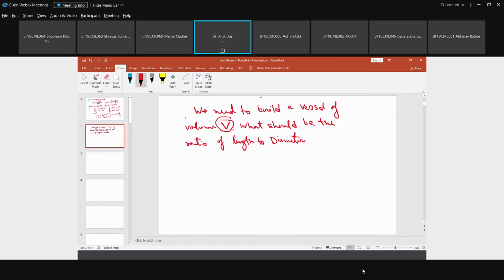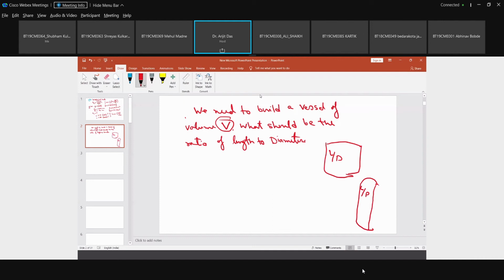Now, this may be like this, or this may be like this also. So for both the cases, the L by D ratio is different. Now, how to calculate the optimum L by D ratio? This optimum L by D ratio can be estimated considering the cost of fabrication.